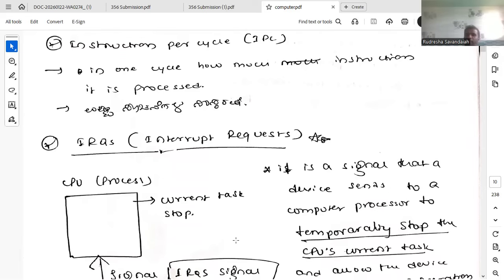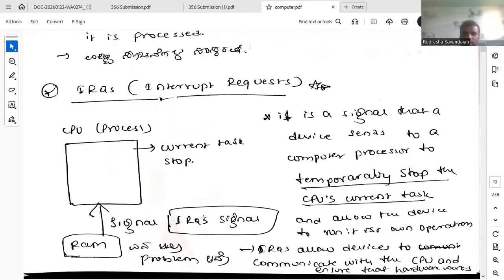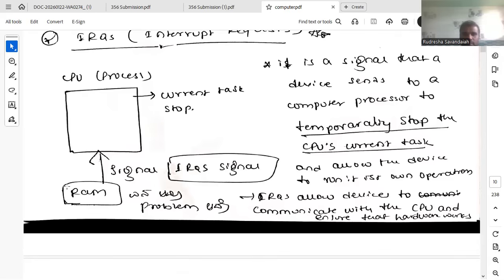IRQs, interrupt requests. See here, this is the RAM, this is the CPU. The current task stops on an IRQ signal.